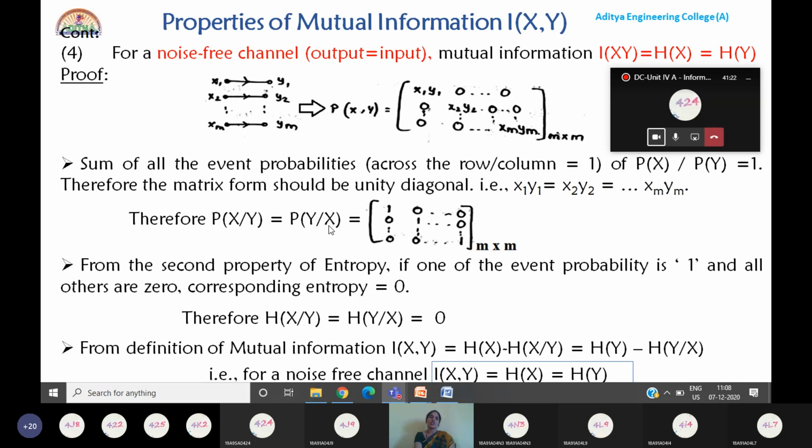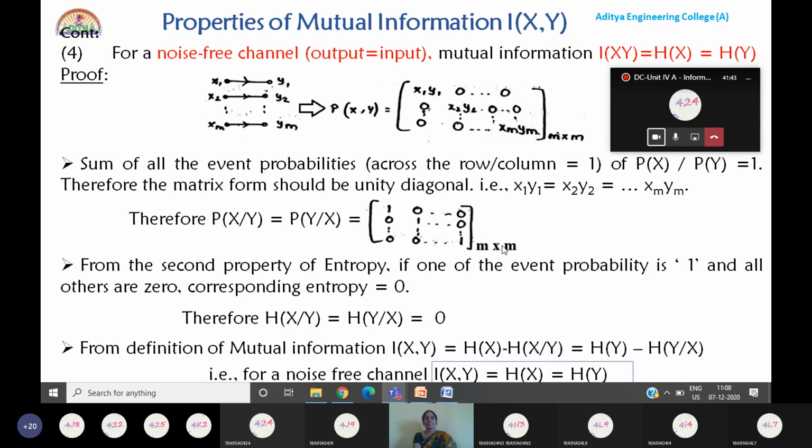All the elements present in each row should be equal to 1. So based on this condition for either P(X|Y) or P(Y|X), (x1, y1), (x2, y2), and so on should all be equal to 1. That's why we have represented it as the unity diagonal matrix.